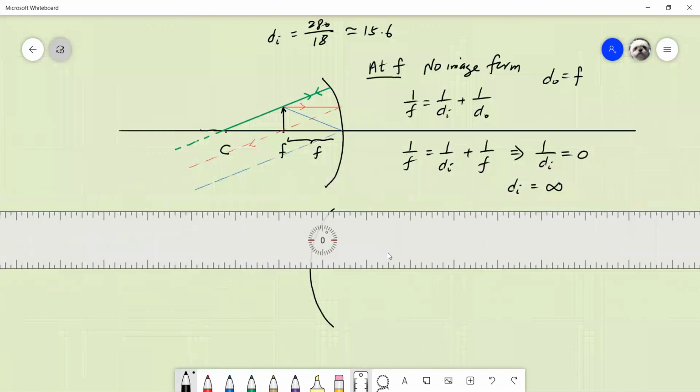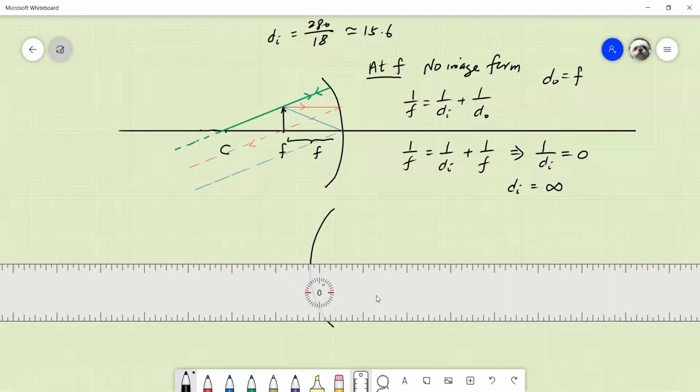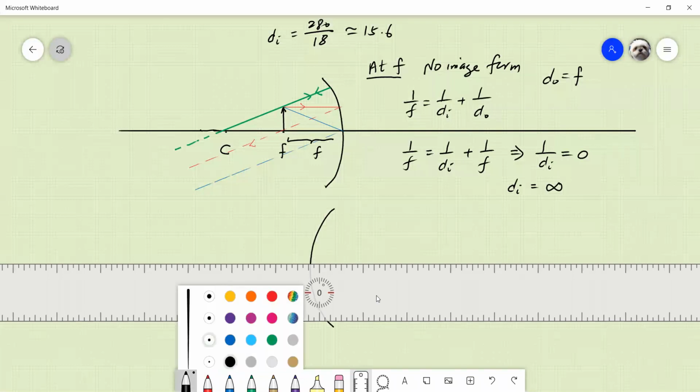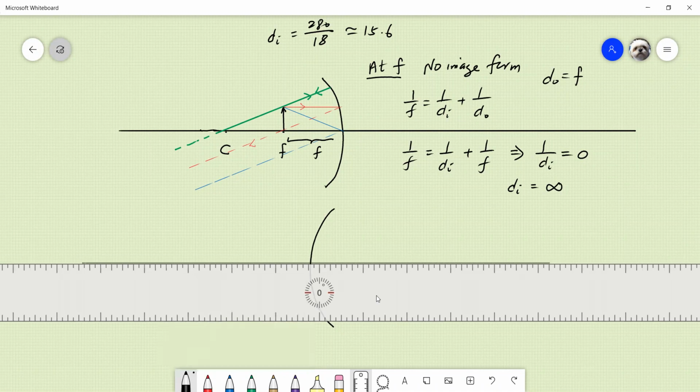Okay, here. Now, what's special about a convex mirror?